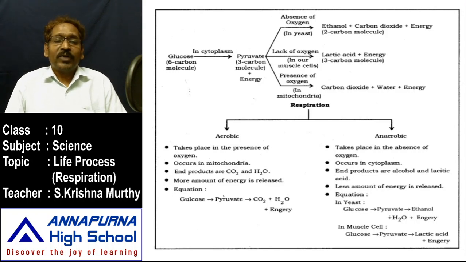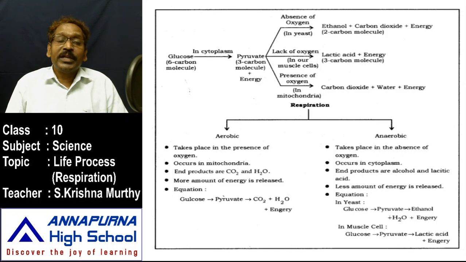Now we have to discuss the differences between aerobic and anaerobic respiration. Aerobic respiration takes place in the presence of oxygen. It is done only in the mitochondria, not in the cytoplasm. Don't forget that. Already I told you that when pyruvic acid is absorbed into the mitochondria, it is digested inside the matrix.